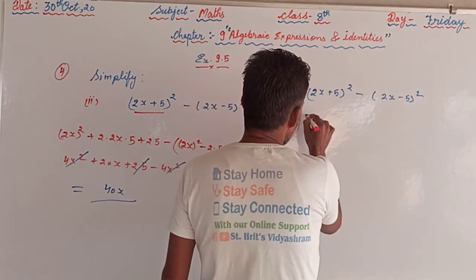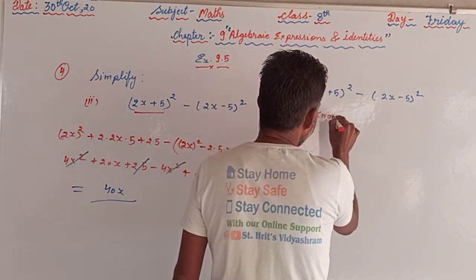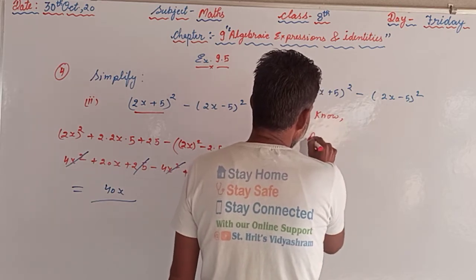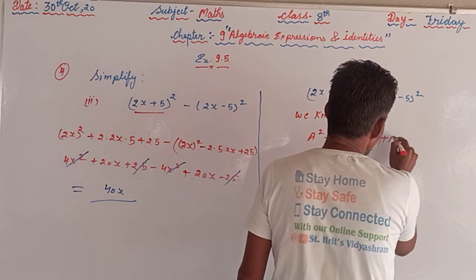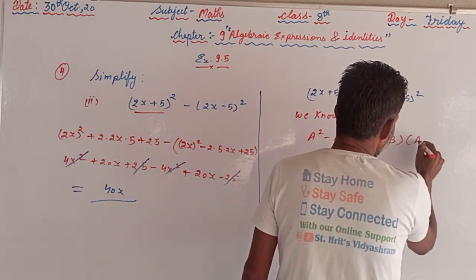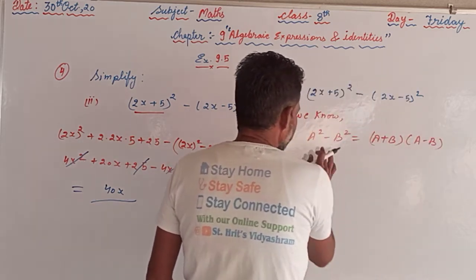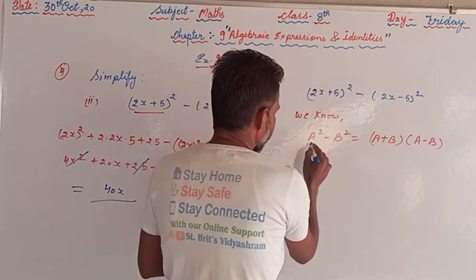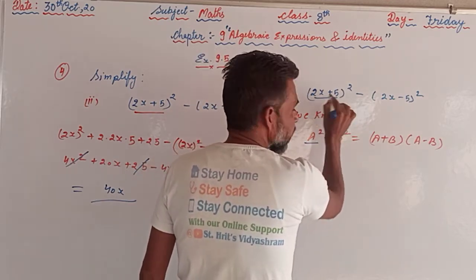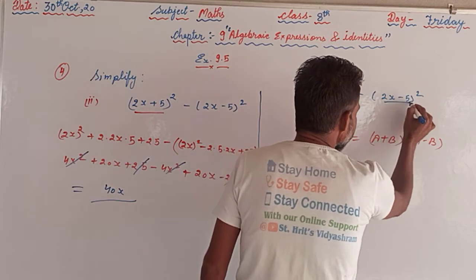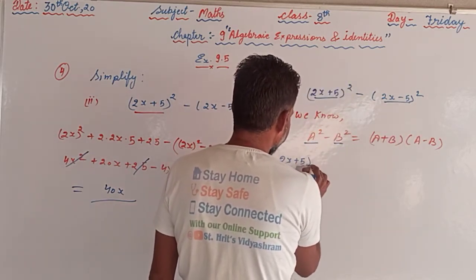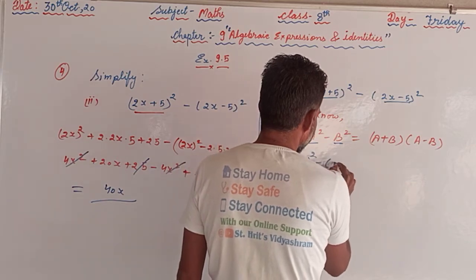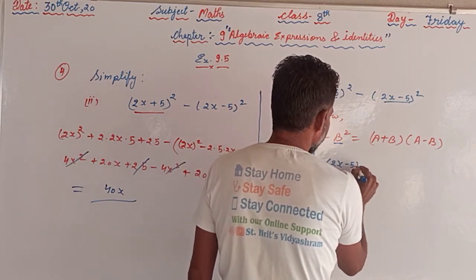We can use the identity, which we know: a square minus b square is equal to (a plus b) into (a minus b). In place of a here is the whole first term, and in place of b is the whole second term. So we substitute: (2x plus 5) square minus (2x minus 5) whole square.